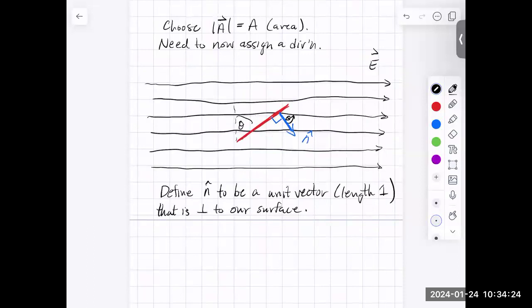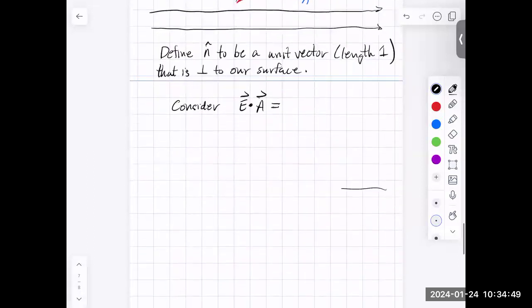So let's now consider the expression E dot product with A. Who remembers the dot product? How is a dot product defined? What's vector A dot product with vector B? How could you express that in a different way? Dot products.